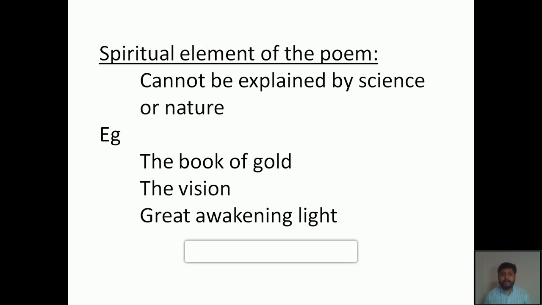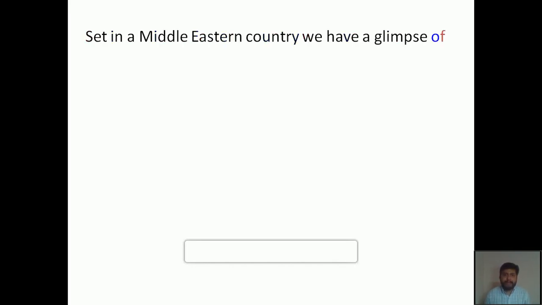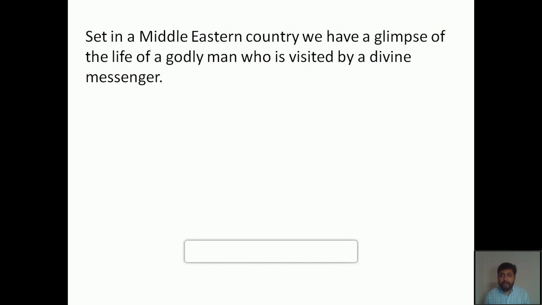Now let's see a general summary of the poem. It is set in a Middle Eastern country. We have a glimpse of the life of a godly man who is visited by a divine messenger. This event is about the visit of that divine messenger.